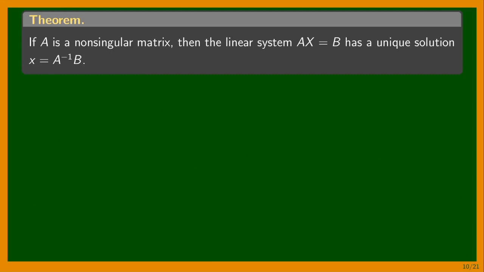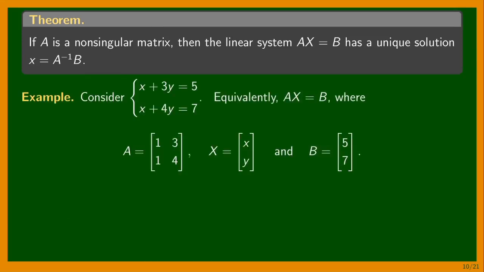So we state it in the form of a theorem. It states that if A is non-singular, then the linear system Ax equals b has a unique solution x. This should be x equals, I'm sorry, that's a typo error, A inverse times b. To illustrate, let's consider this 2 by 2 linear system.